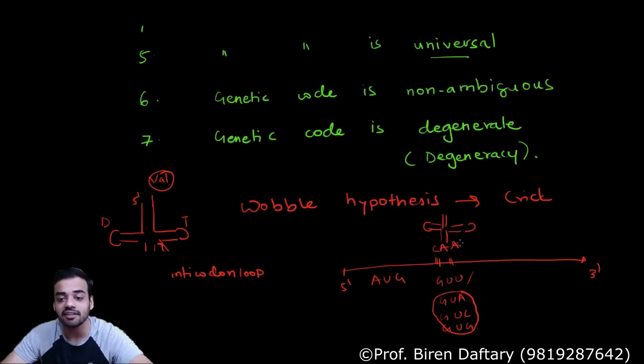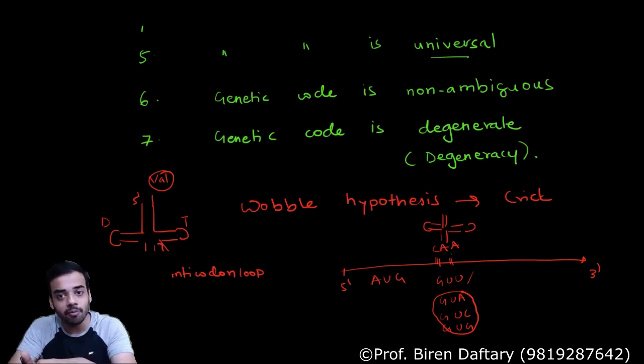Wobble means that the third nucleotide of anticodon and third nucleotide of codon will not pair up, but still because of the previous bonds in the first and second nucleotide of the anticodon and codon, the tRNA is still remaining attached, but it is shaking. Okay, so that is called wobble.